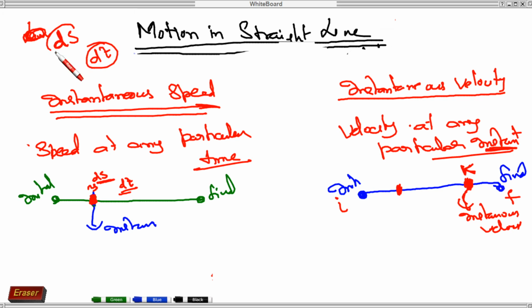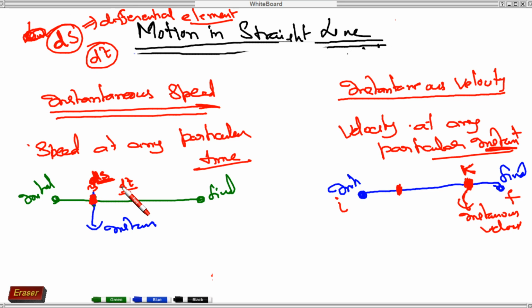You will be using these things in your differential calculus. So these are called a differential element, or differential distance. Here it means a very small distance. When we are considering very small distances, we denote it by d, you can say ds.